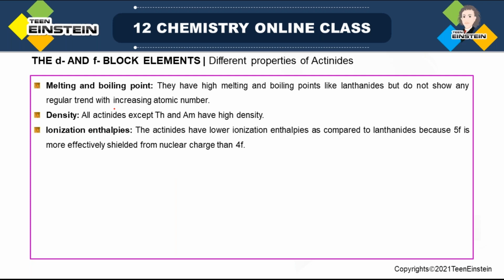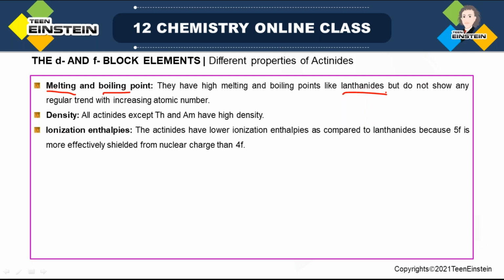Melting point and boiling point for actinides. They have very high melting point and also high boiling point. And this is just like the lanthanides. And they do not show regular trend with increasing atomic number. So it is true that they have high boiling point and high melting point, but there is no such smooth trend.